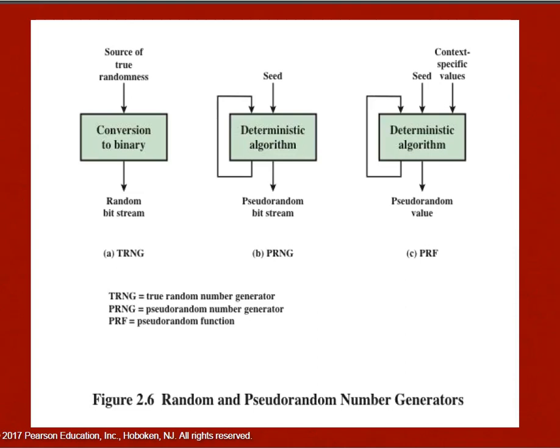A common application for an open-ended sequence of bits is as input to a symmetric stream cipher. And a PRF is used to produce a pseudo-random string of bits of some fixed length. That is basically how we can generate pseudo-random numbers.